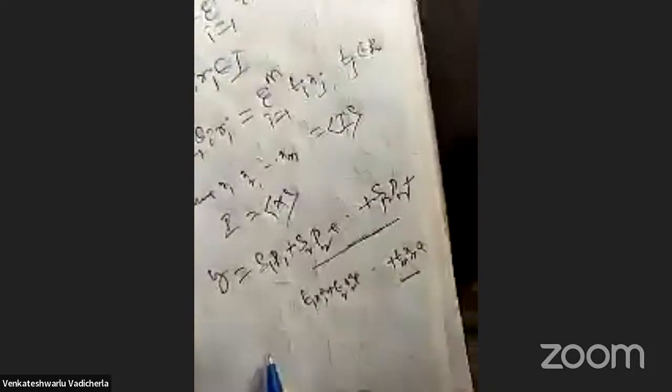So these elements t1 x1(a), t2 x2(a), up to tm xm(a).